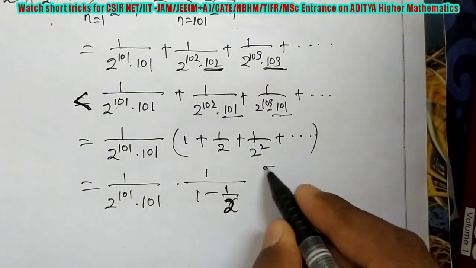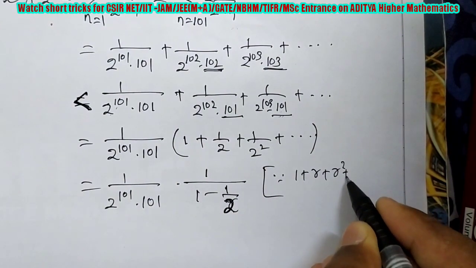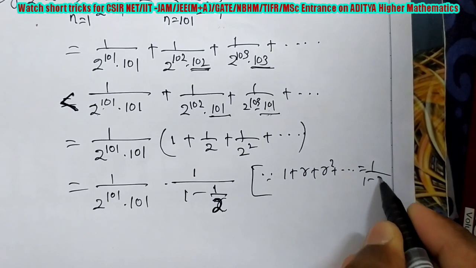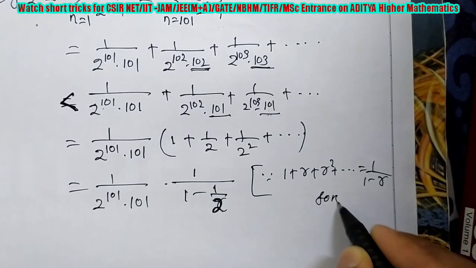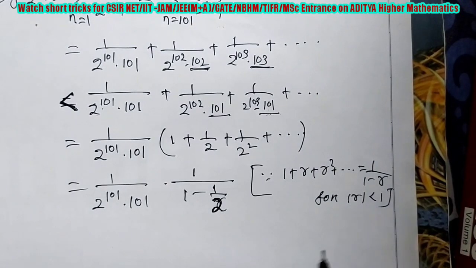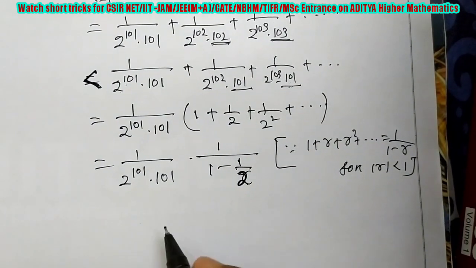Here I am writing the value also for your understanding. The series 1 plus r plus r square up to infinity has value 1 by 1 minus r, but the value of mod r must be less than 1. Since r is 1 by 2, and 1 by 2 is less than 1, that's why we are writing this.